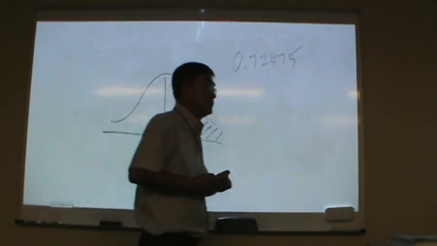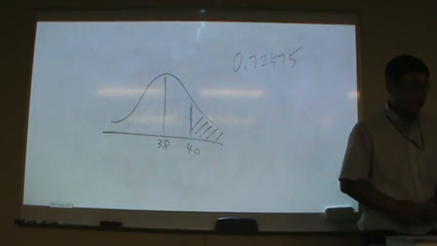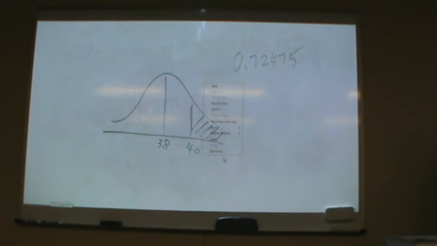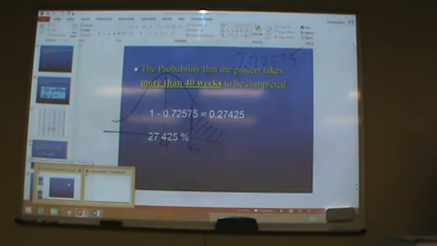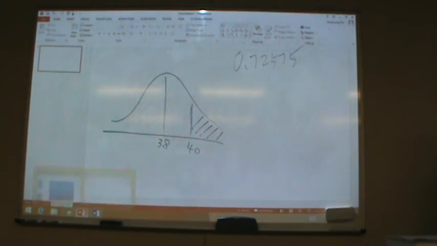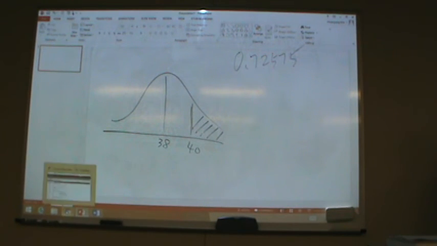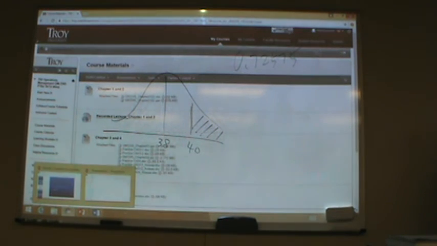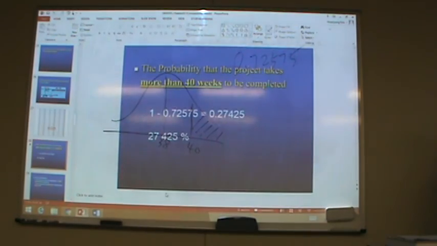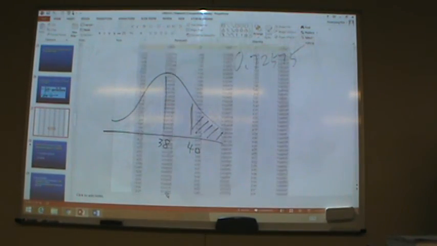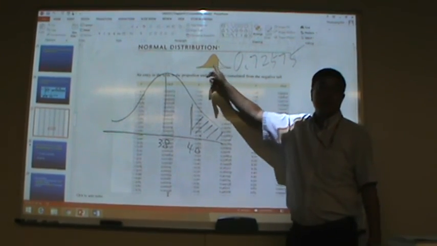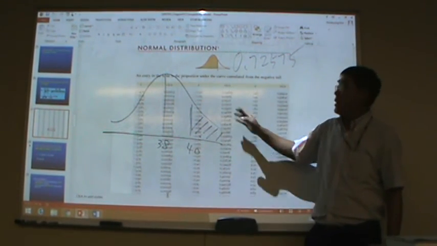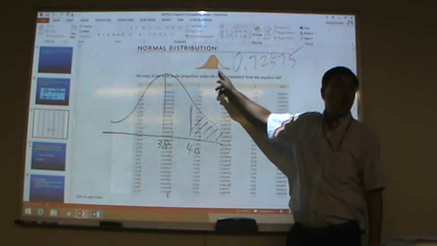Because of the chart. Look at this. The given area is from a certain z-score to the left side.